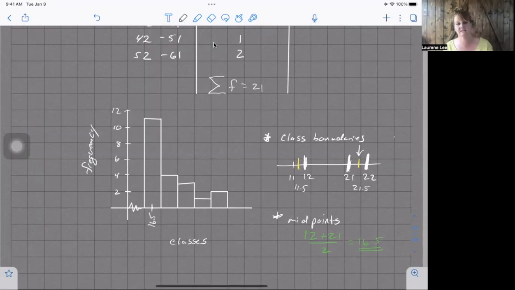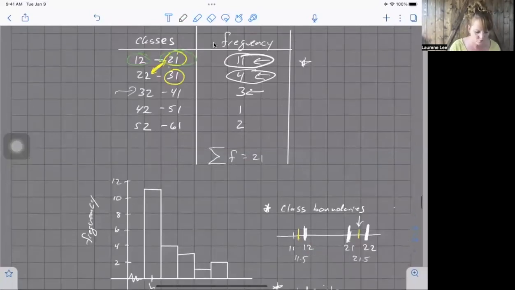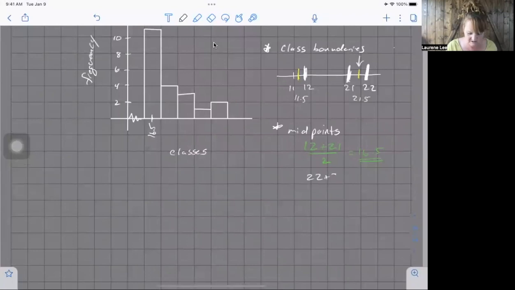Then I do the next class. I'm going to find the average there. My next class is 22 to 31. So I'm going to go 22 plus 31 divided by 2, which is 26.5. And so that's the middle of the next class.